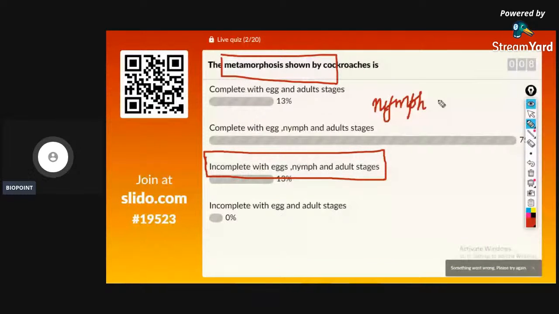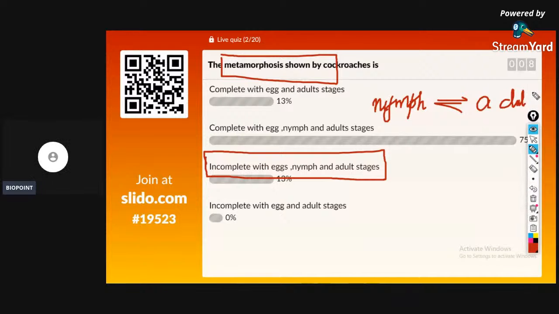The nymph of the cockroach represents the adult, so that is referred to as incomplete.